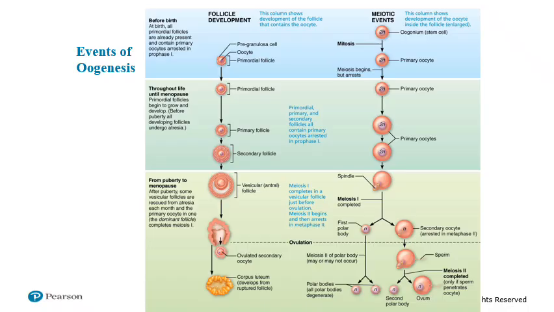So the production of primary oocytes occurs only in the fetus. Unlike spermatogenesis, if you remember, the male sperm production started only during puberty, which means that the sperm cells are not going to be recognized by the white blood cells of the male.